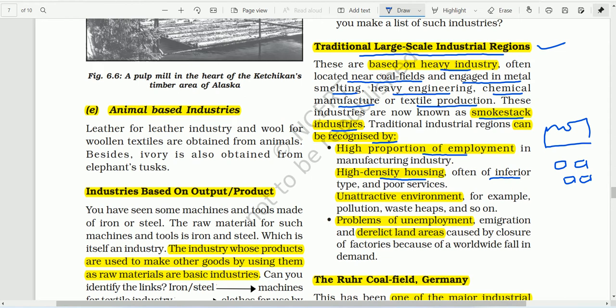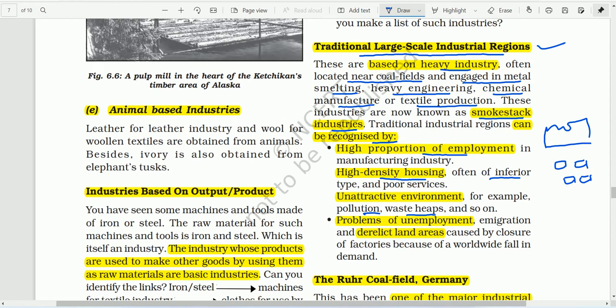So utility services, sanitation, and water supply are all poor. Then there is an unattractive environment, for example, pollution and waste heaps nearby the factory or in and around the quarters, and so on.